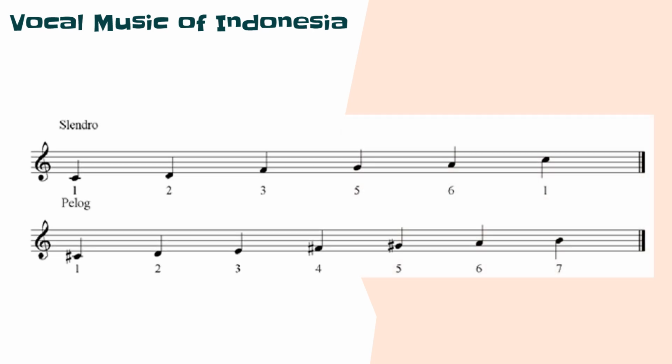So these are the musical notes of the slendro and pelog. For one of your tasks, you are going to identify the different notes in slendro and pelog using the solfa syllable and the letter names. So that would be task number 1.